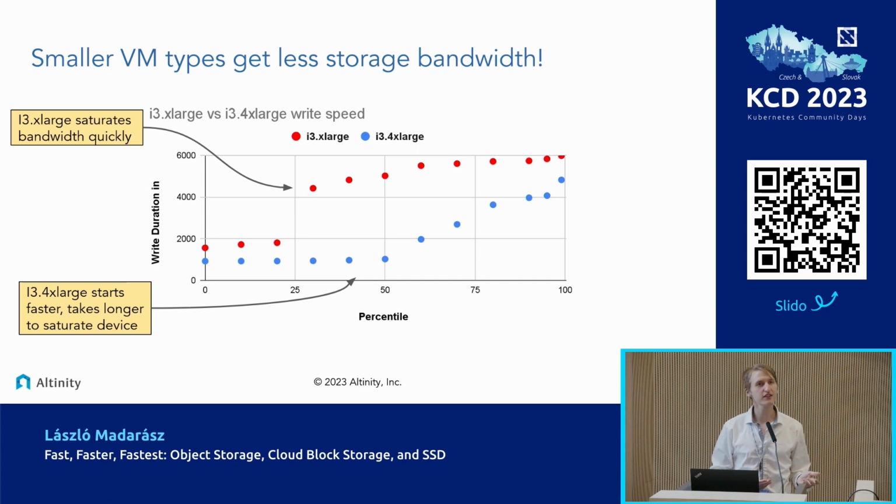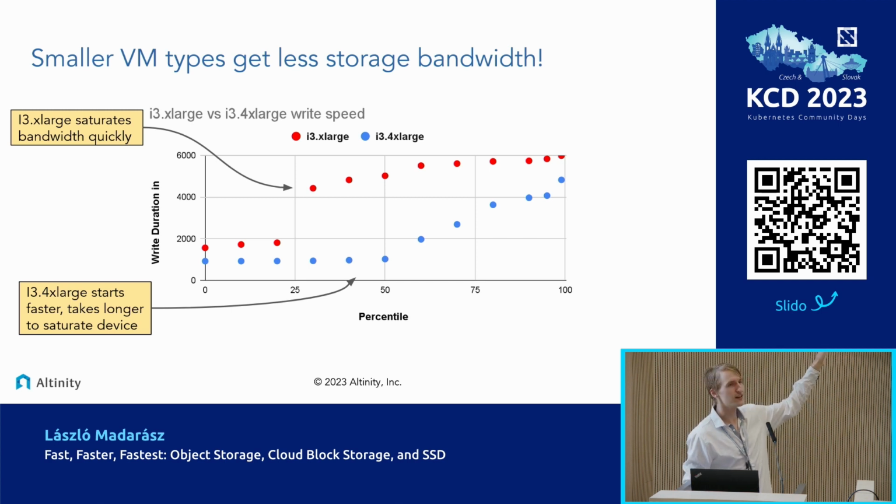And as I mentioned, the performance or the bandwidth correlates with the CPU size. On this graph, which might be a bit difficult to interpret at first, we measure the write duration and order the results by amount.